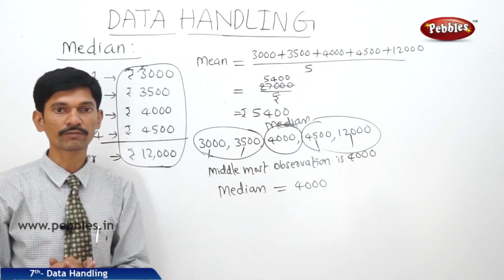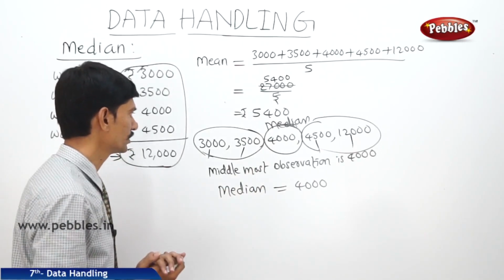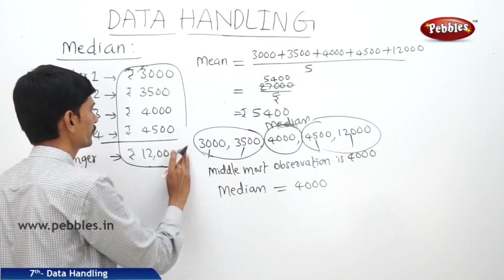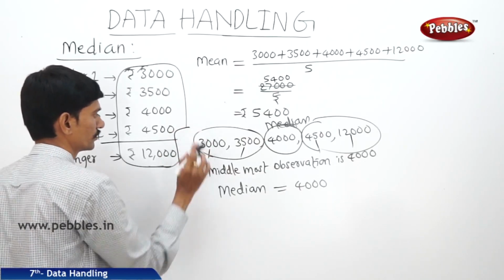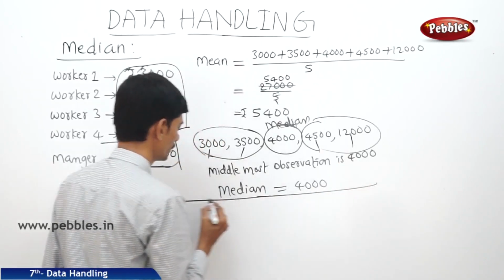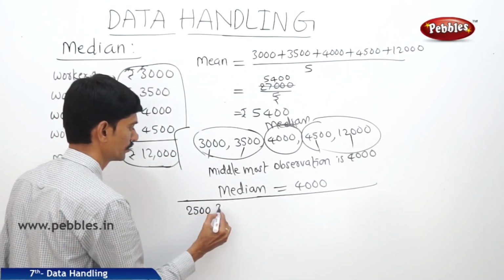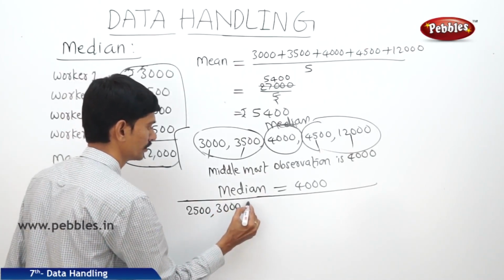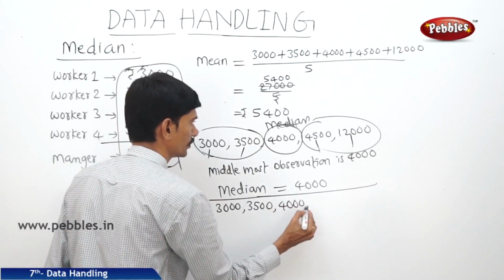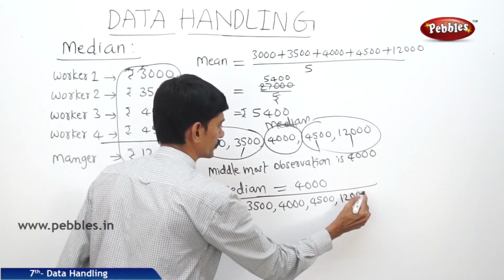If the total number of observations is even, for example, if one more worker salary is included in the set of observations, for example 2500, then we get 2500, 3000, 3500, 4000, then 4500, then 12000.